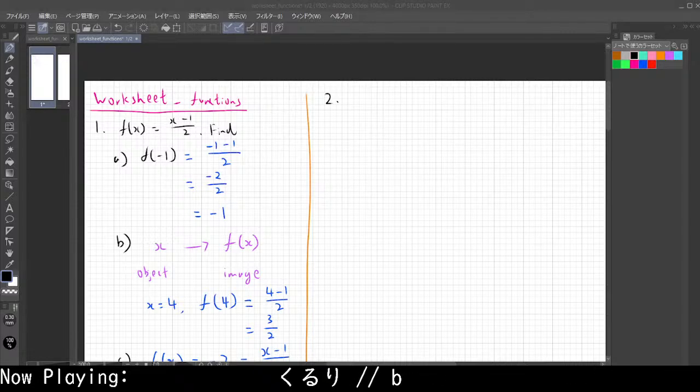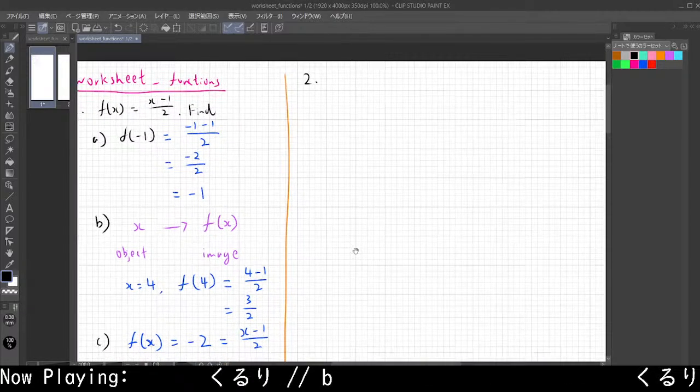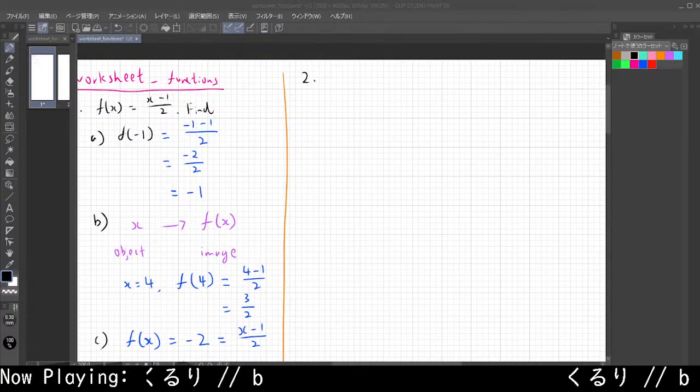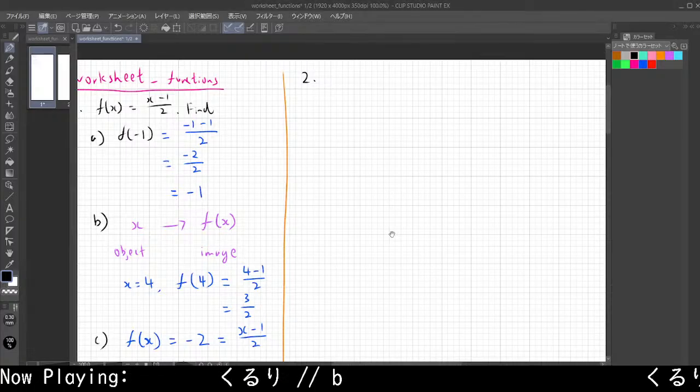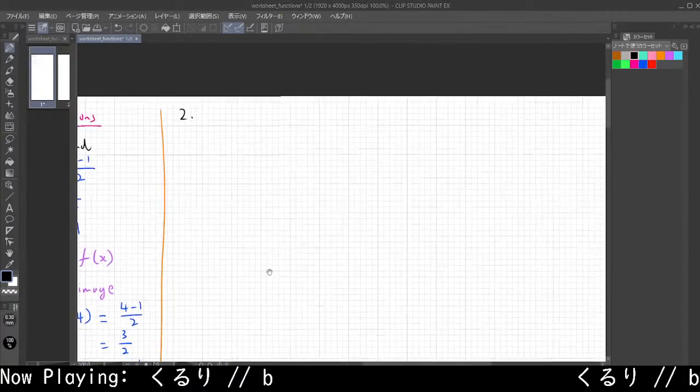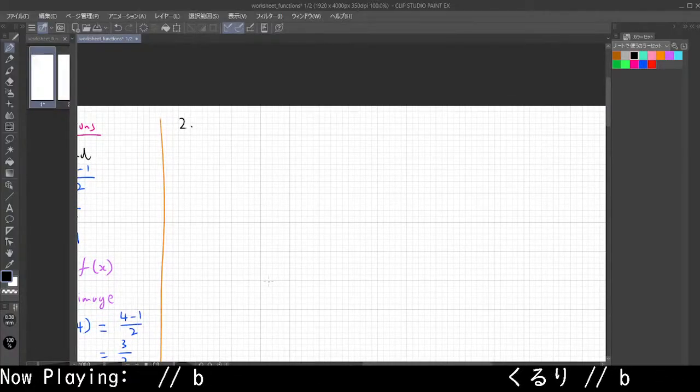Okay, so next we have Q2. Q2 is the same type of question. Q2, g(x) is given as 1 plus (4 plus x) over 5.